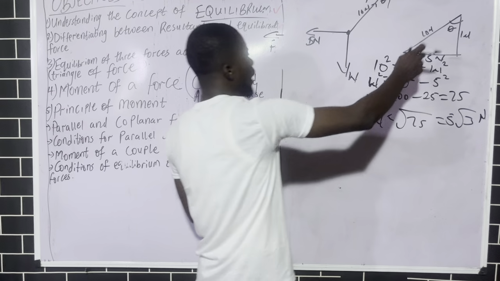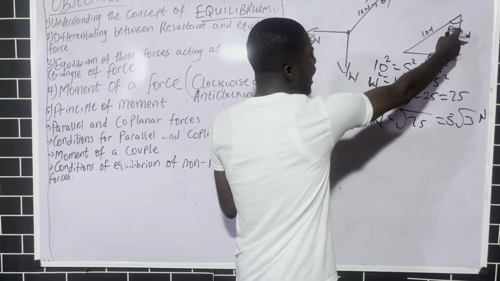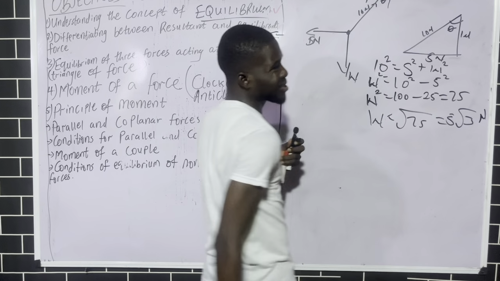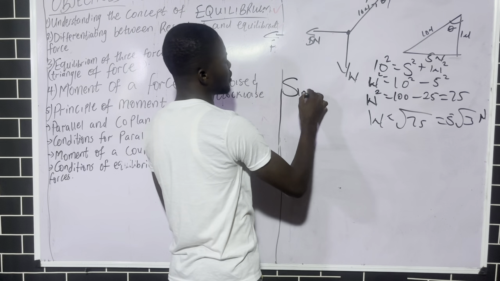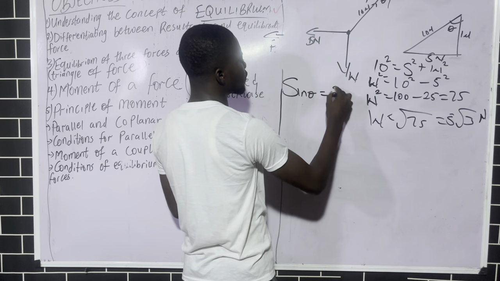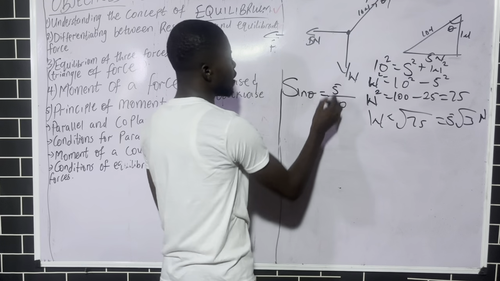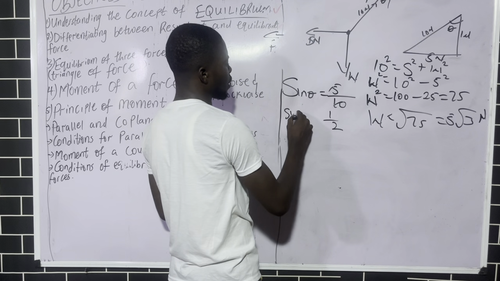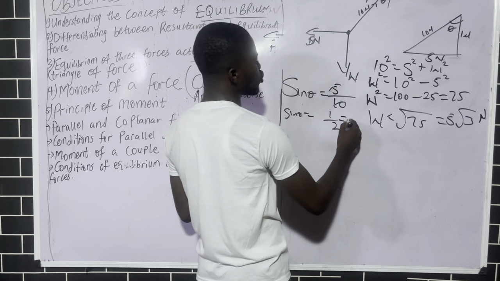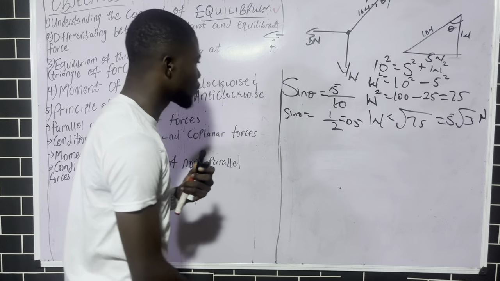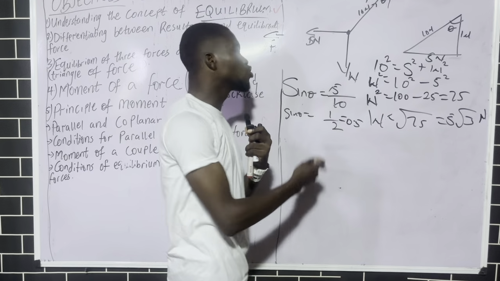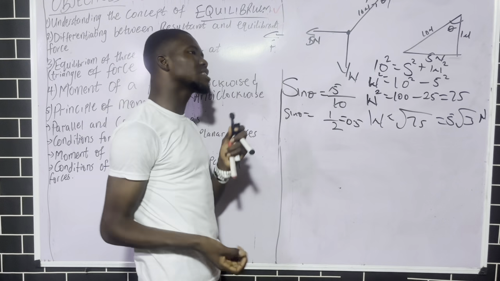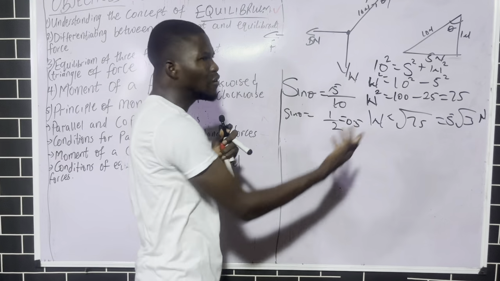Another way you can use to get this is this. But before then, let's get our theta. The side facing the angle is opposite, and we have the hypotenuse. That's sine, right? So sine theta is equal to opposite, which is 5, over hypotenuse, which is 10. 5 in 5, 1; 5 in 10, 2. So sine theta is equal to 1 over 2, which is 0.5. So use your calculator to press arc sine. By now you should know some of these things already.